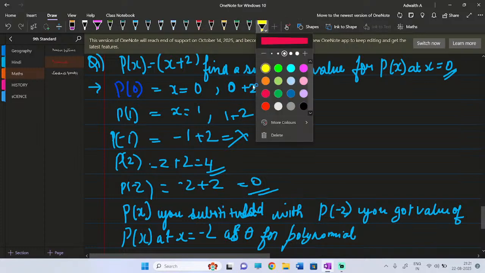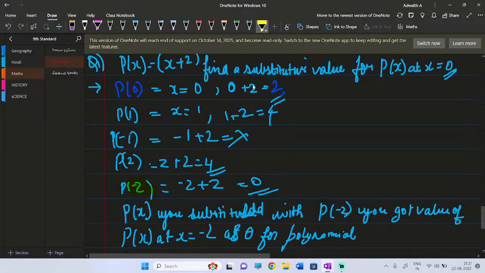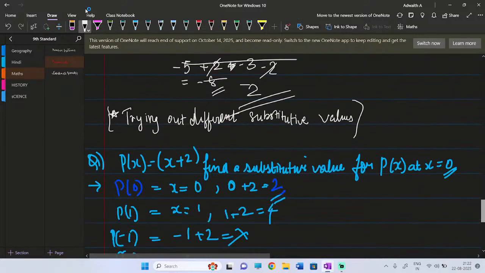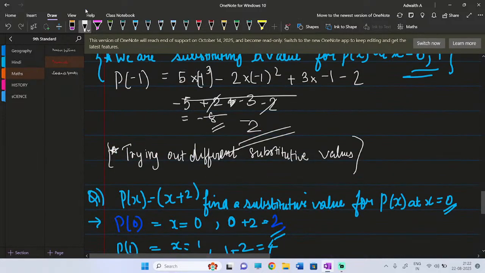Then when I substituted P of negative 2, you got 0. So when you substituted x as negative 2, the final value of the polynomial was 0. Zero polynomial and zeros of a polynomial.